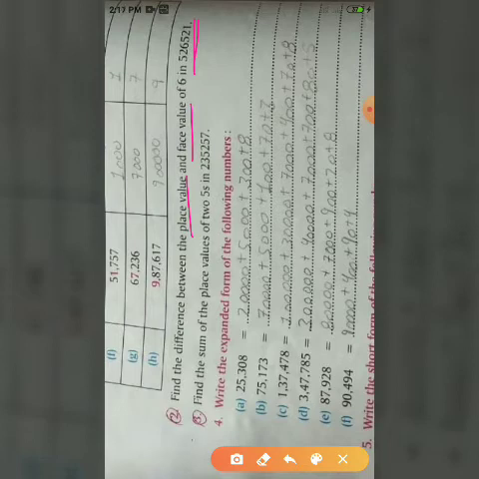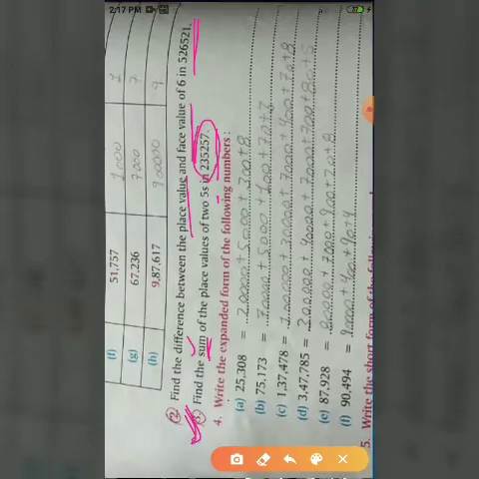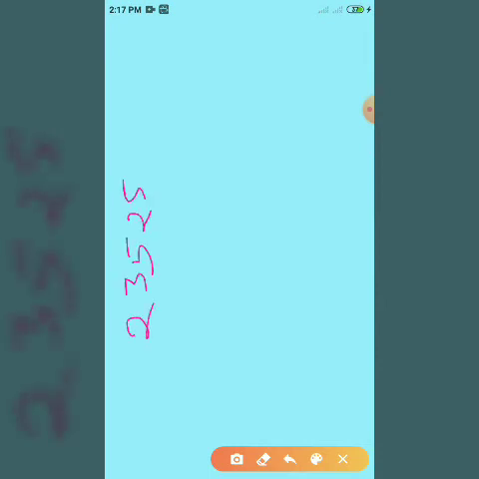5,994. Next, question 3: find the sum of the place values of the two 5s in this number, 2,35,257. We have to find the sum of the place values of both 5s in 2,35,257.